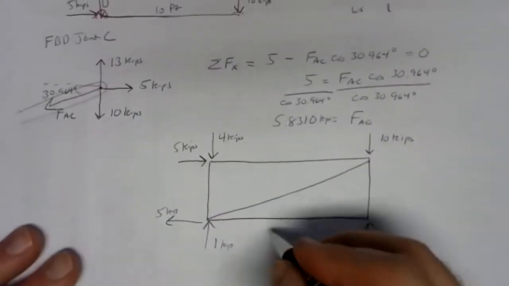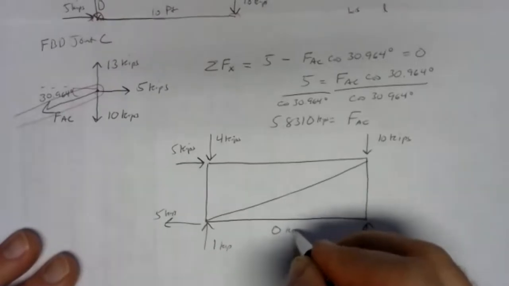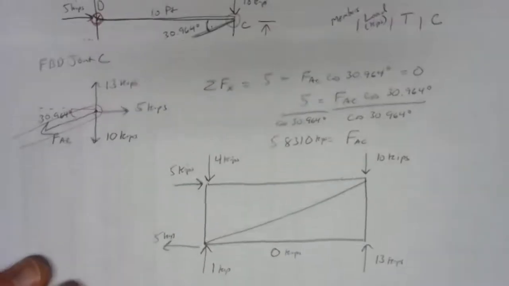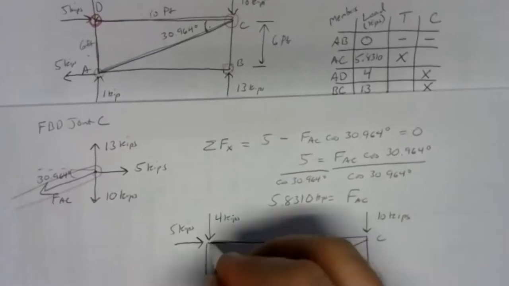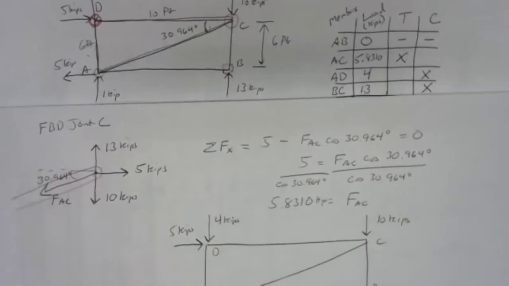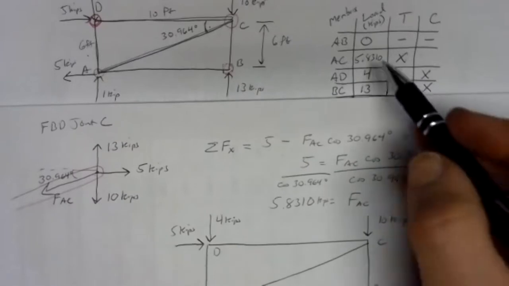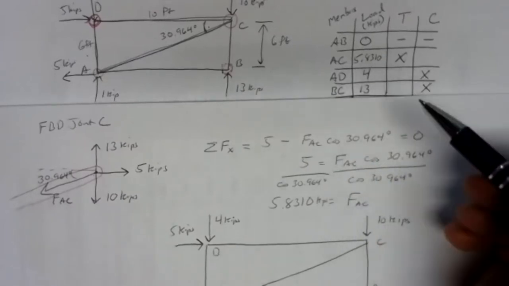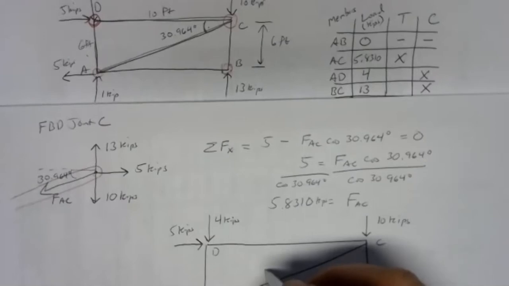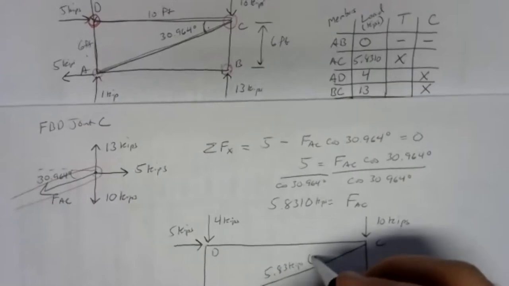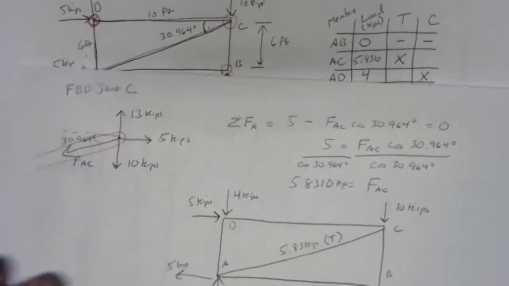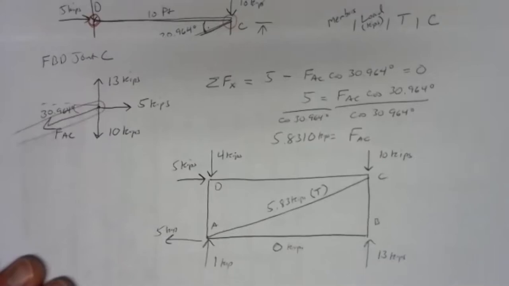So member AB, I just write 0 kips there. Not a bad idea to label those. Member AC carried 5.8310, rounding that to 3 sig figs. It's 5.83 in tension. So 5.83 kips. And then in parentheses, I'll put T. That'll tell me this is in tension.